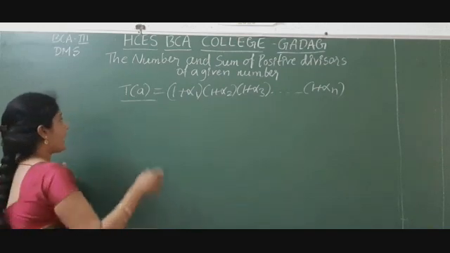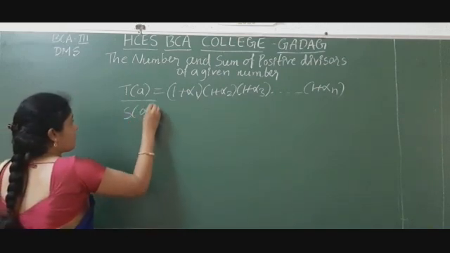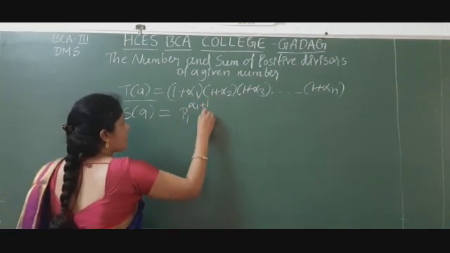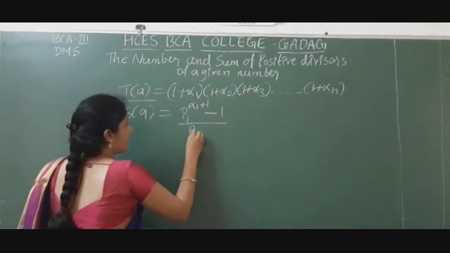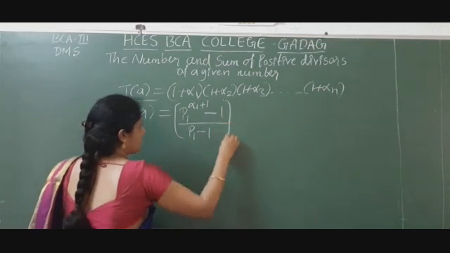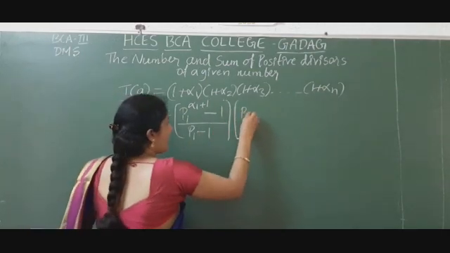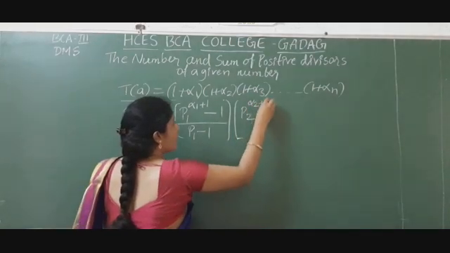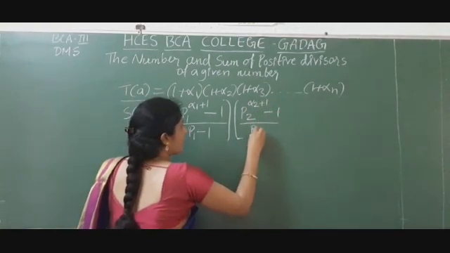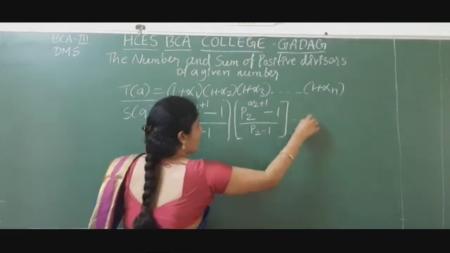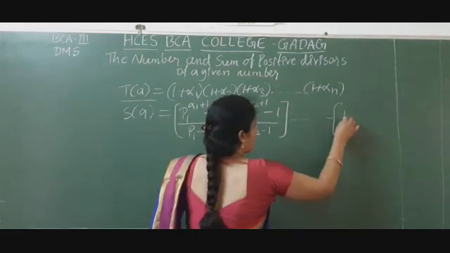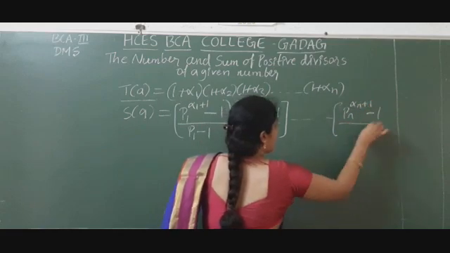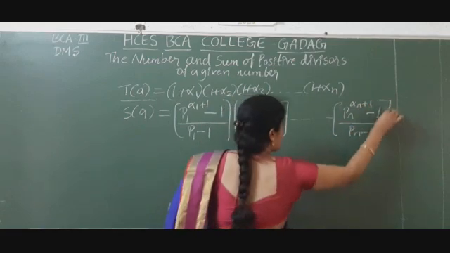given integer. Next, S of A is equal to (P1 raised to alpha 1 plus 1 minus 1) divided by (P1 minus 1). Next, as it is, we have to continue this: (P2 raised to alpha 2 plus 1 minus 1) divided by (P2 minus 1), and so on up to (Pn raised to alpha n plus 1 minus 1) divided by (Pn minus 1).